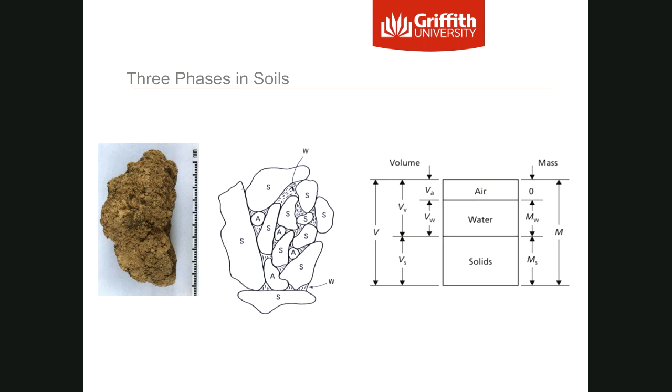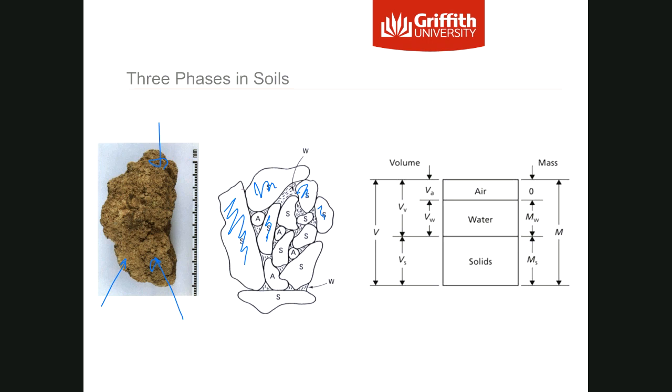When we collect a soil sample, you will notice that it is made of three different phases. It's made of soil grains or particles, which we call S. Then these soil particles will create a matrix, and inside this matrix you will see empty space, what we call voids.